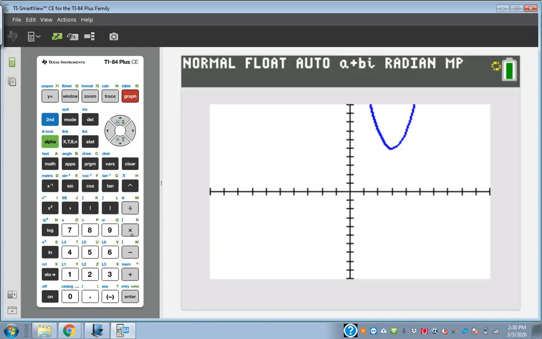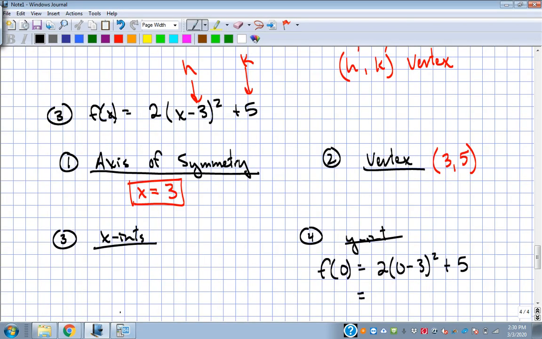Hit graph, and if I hit trace 0, 23. If you work that out, negative 3 squared is 9 times 2 is 18. 18 plus 5 is 23. Do it manually. So the y-intercept is at 0, 23.